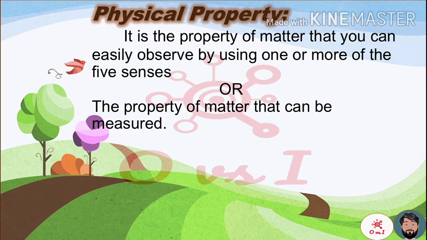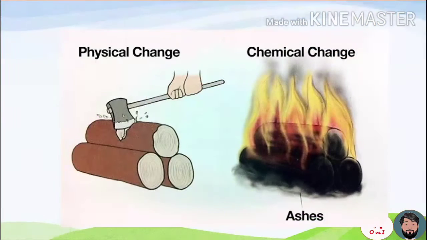Or in other words, physical property is the property of matter that can be measured. For example, its size. We can measure its size, how it is. It is big, it is small, or any other type of size.